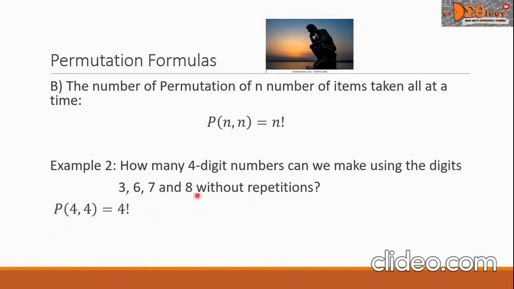There are 4 digits here, and 4 because we require a 4-digit number. This simply means we are taking all the digits at a time. So this is equal to 4 factorial, so 4 times 3 times 2 times 1 equals 24. This is our final answer.